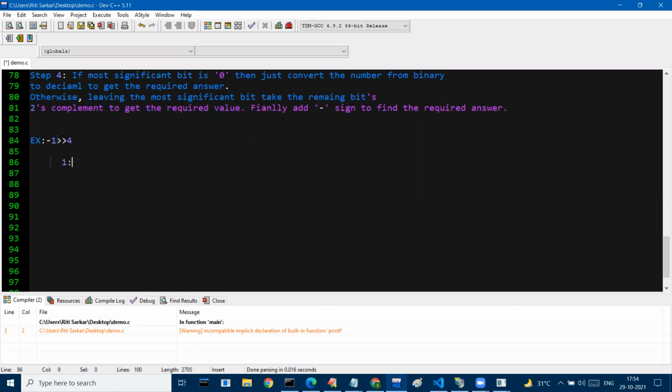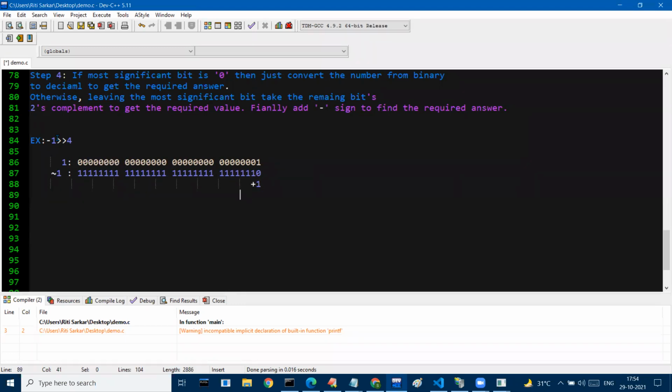How, sir? 1 means 8, 16, 24, 32 bits, this is 1. What about the 1's complement? All 1s become zero. The 2's complement of 1 I need. What I need to do?